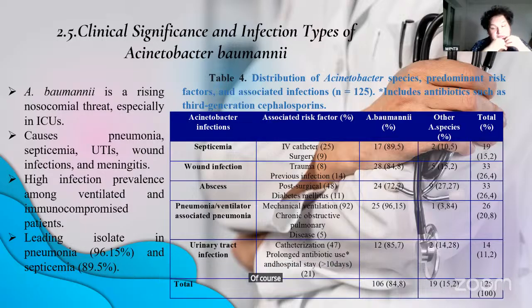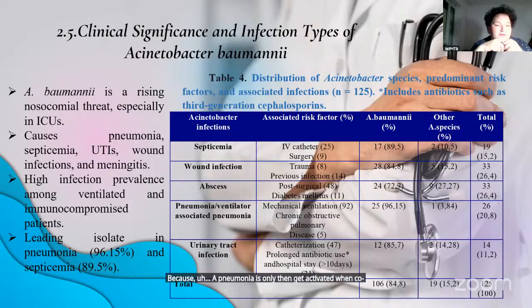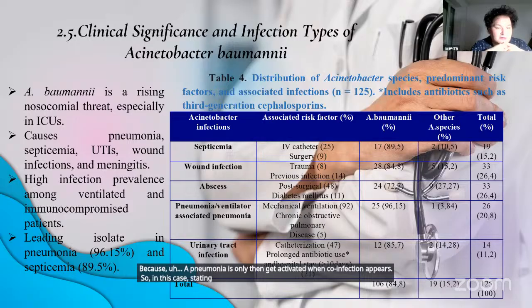Of course, for me, as a specialist in virology, pneumonia is the main enemy, because pneumonia is only activated when co-infection appears. In this case, it leads to isolated pneumonia up to 96%, which is very alarming, and septicemia is also 90%, quite high.